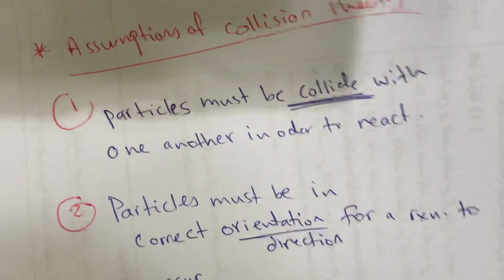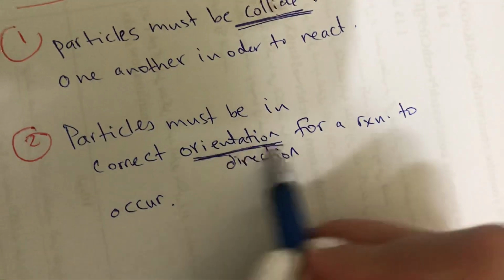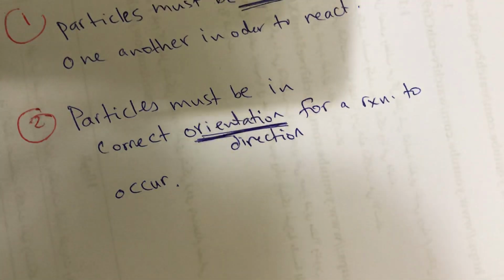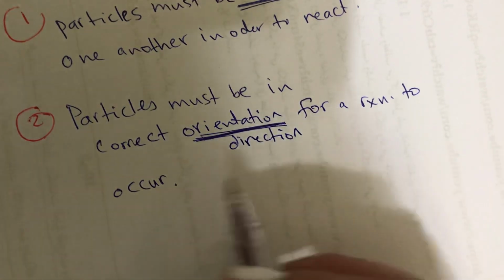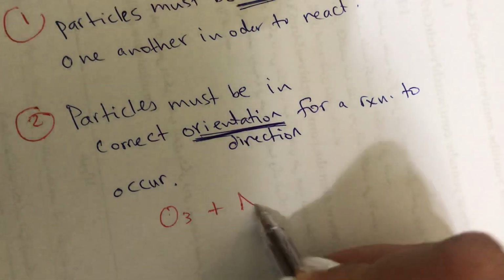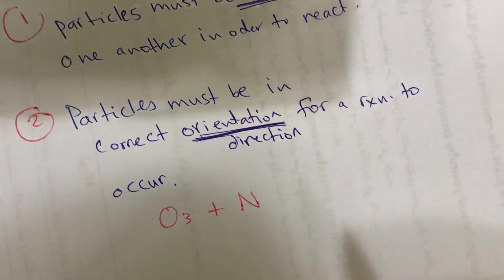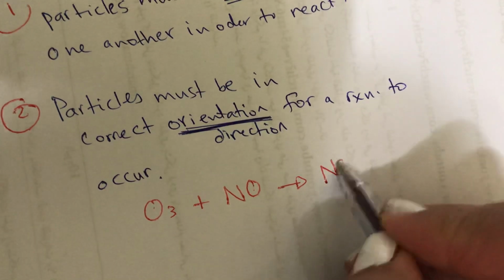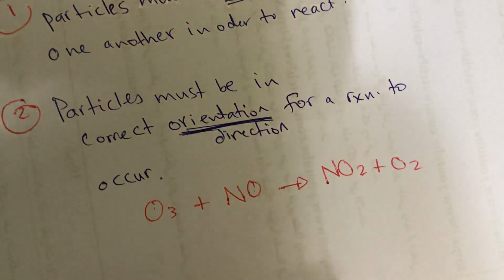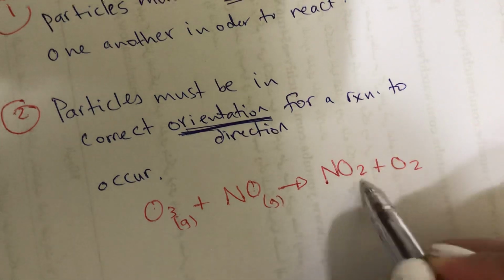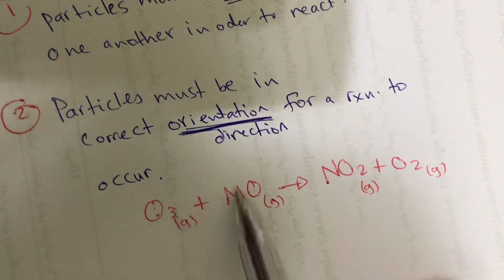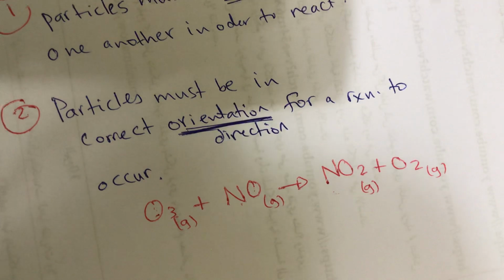What does correct orientation mean? For example, if ozone reacts with nitrogen monoxide, the products are nitrogen dioxide and oxygen gas. Here, one oxygen from ozone transfers to nitrogen monoxide, so nitrogen dioxide is produced.